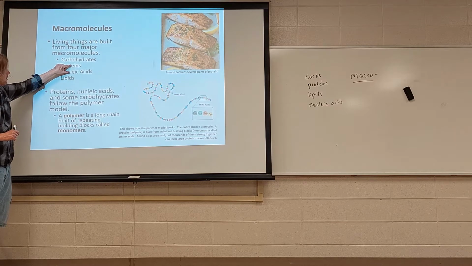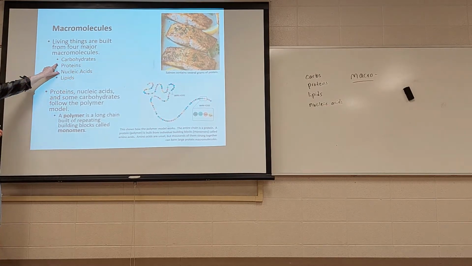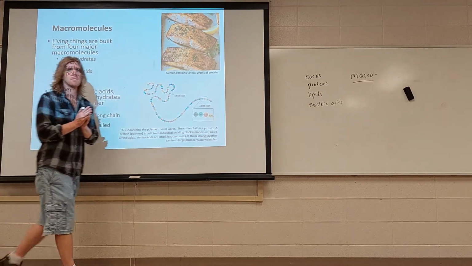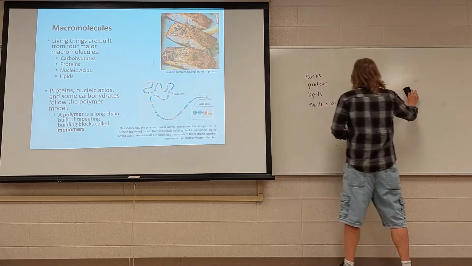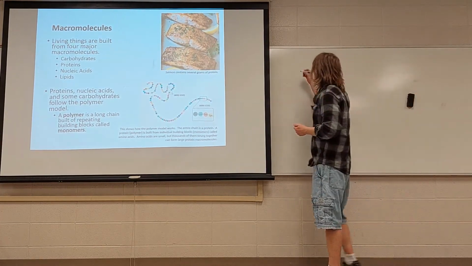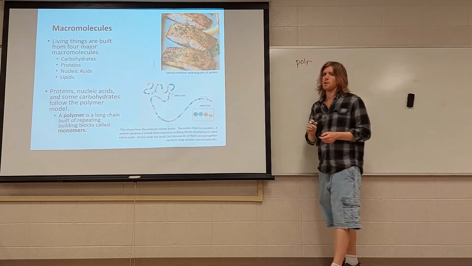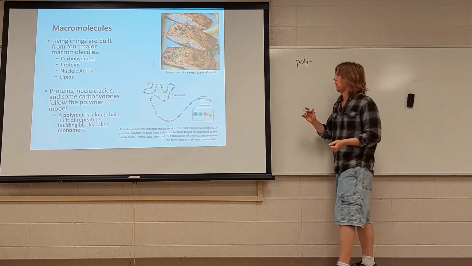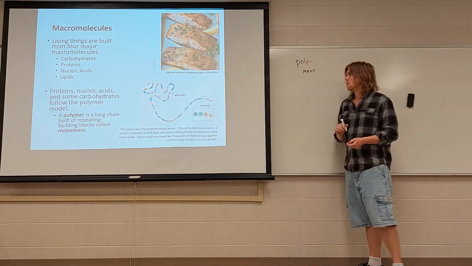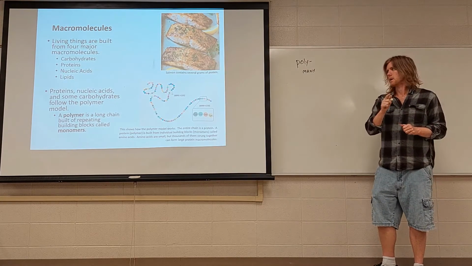But all proteins, all nucleic acids, and some carbohydrates follow what's called the polymer model. And here's how that works. The word poly is a Greek word that means many or a lot. So a polymer must have a lot of something, and it does.